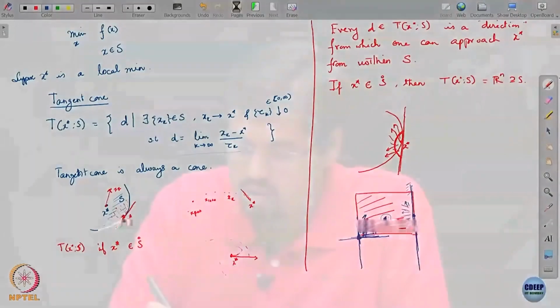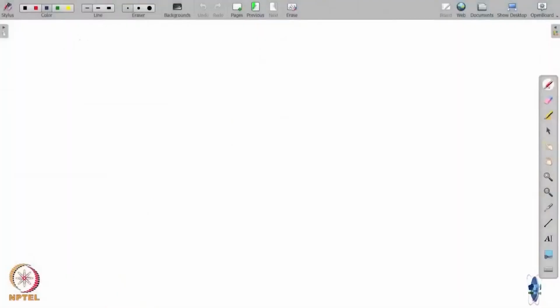Let me start on a new page. Suppose I have a circle, this is my origin, a circle without the interior, and I consider a point on the boundary. Now what is the tangent cone for this point? It is only the tangent plane, right, only this particular plane.